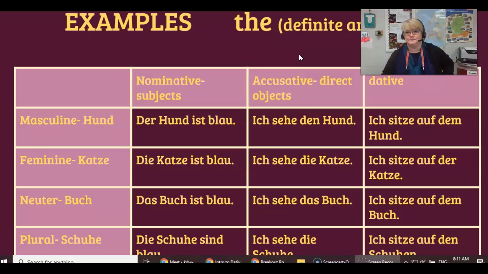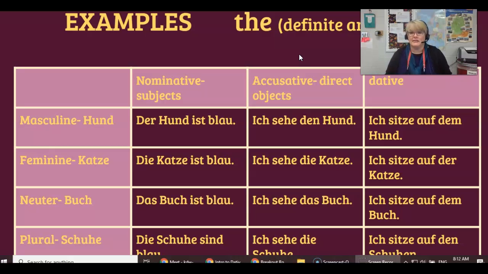All right. Dative case. Dative case for right now in this chapter is going to be after these prepositions. There are other instances of dative case, but we're not going to worry about them right now. For right now, it's just after these prepositions. So we're going to sit on everything because auf is a dative preposition.